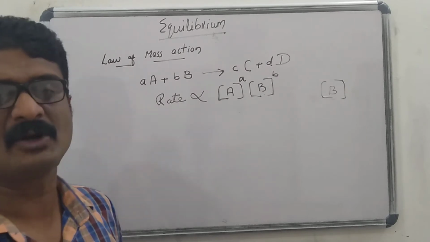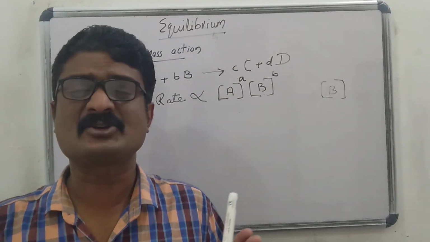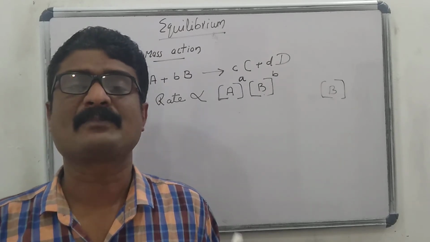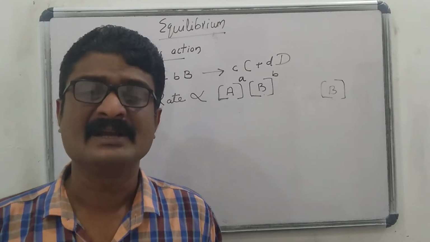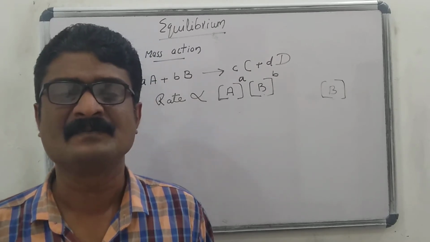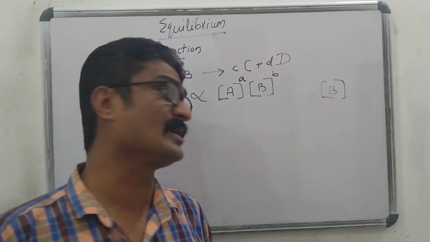Okay, then what is meant by law of mass action? Law of mass action states that rate of a chemical reaction is directly proportional to the product of molar concentration of the reactants, in which each concentration term is raised to the power which is equal to number of moles in the balanced chemical equation.